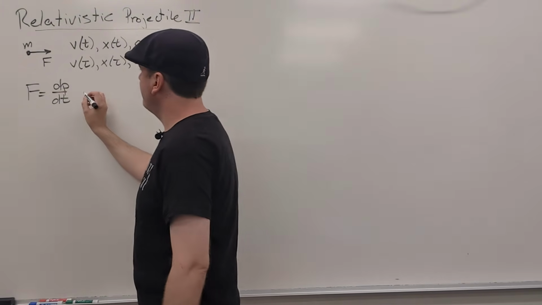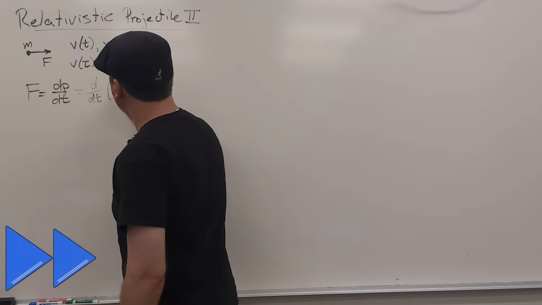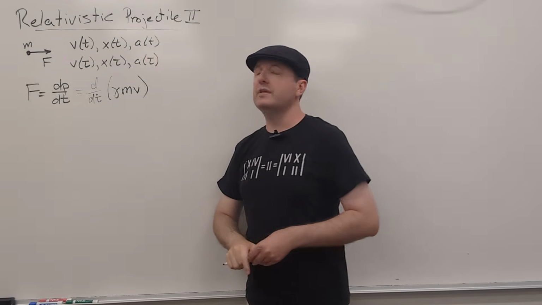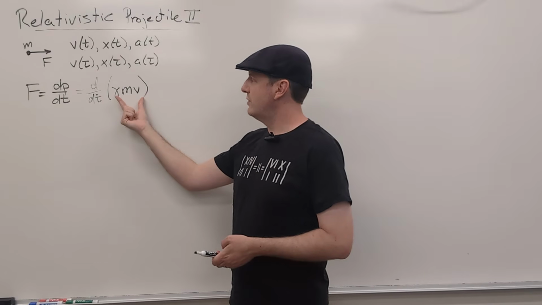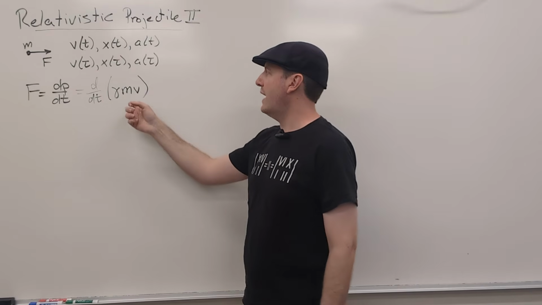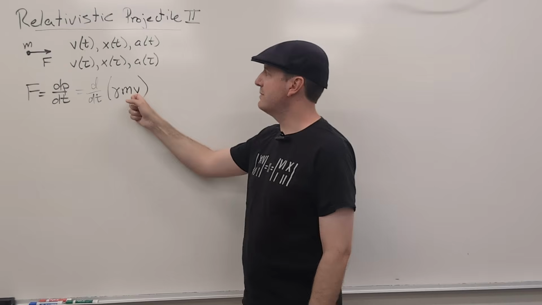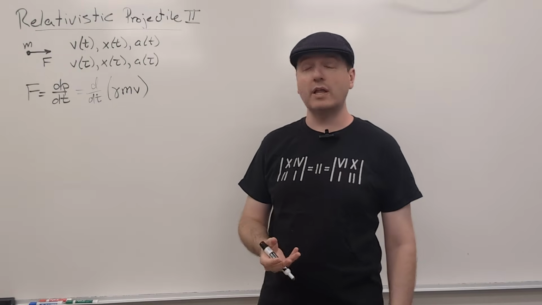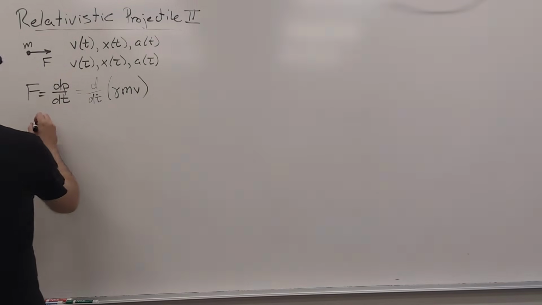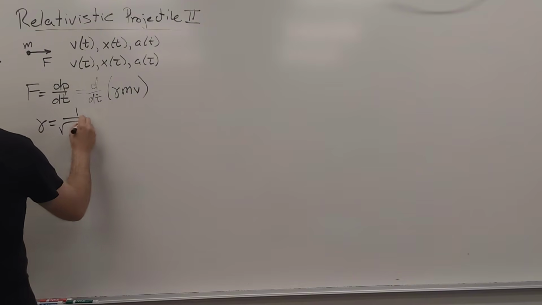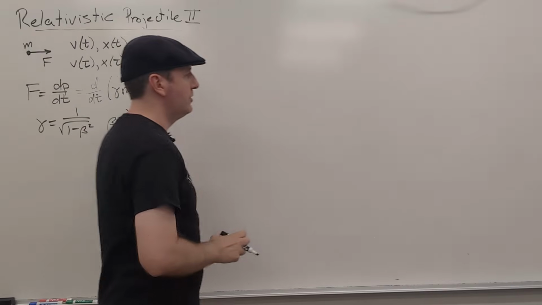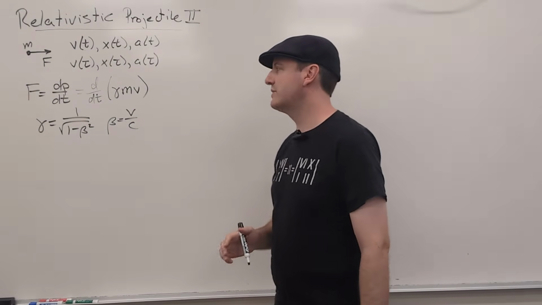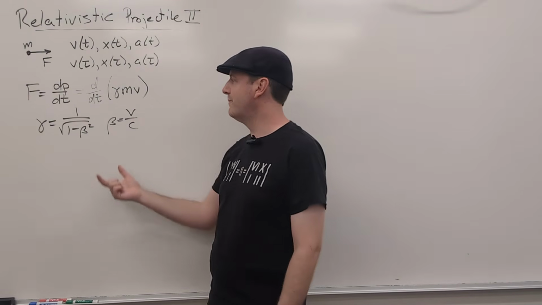Okay, let's also remember that the relativistic momentum is written in terms of the velocity in this frame as this Lorentz factor gamma times the mass times its velocity. And as a reminder, there's a couple of symbols that are commonly used in relativity just to keep the notation simple.